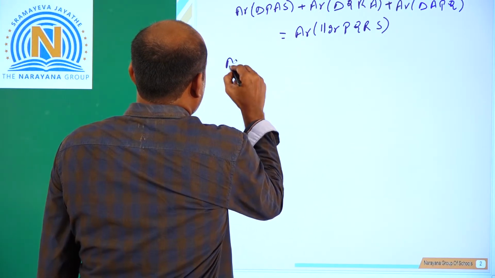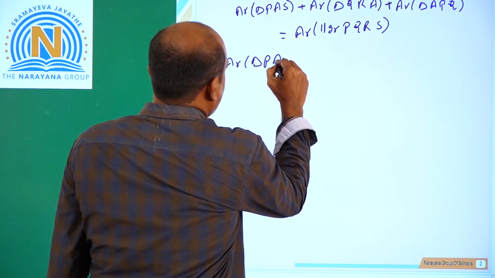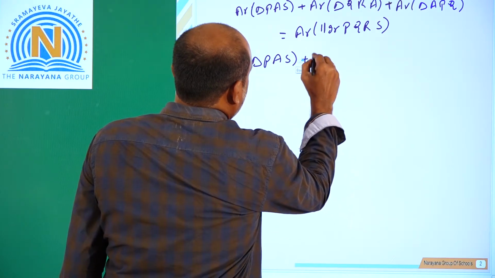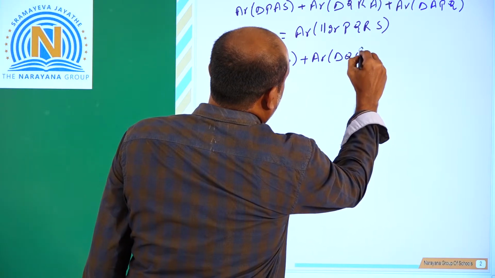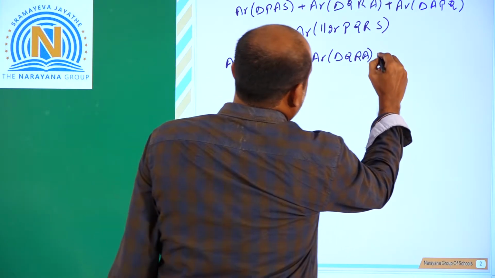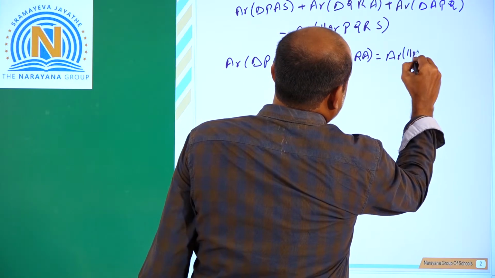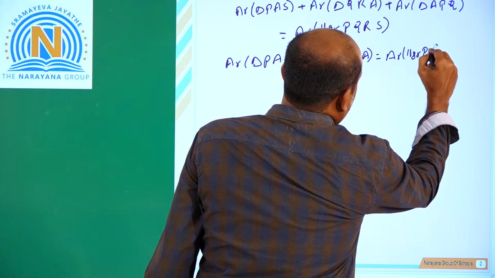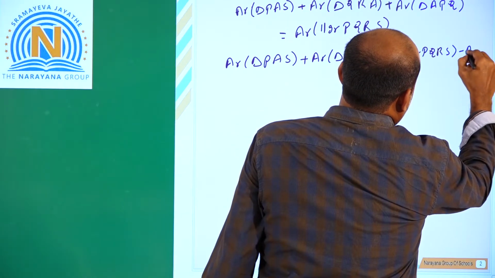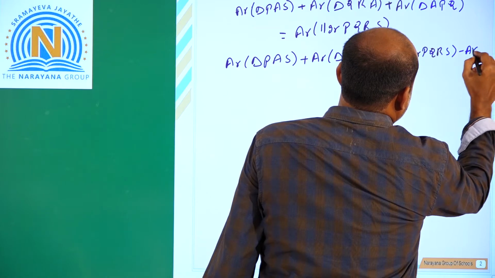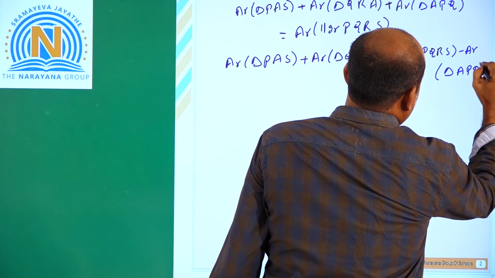Now we want to find the area of triangle PAS plus the area of triangle QRA, which is equal to the area of parallelogram PQRS minus the area of triangle APQ.